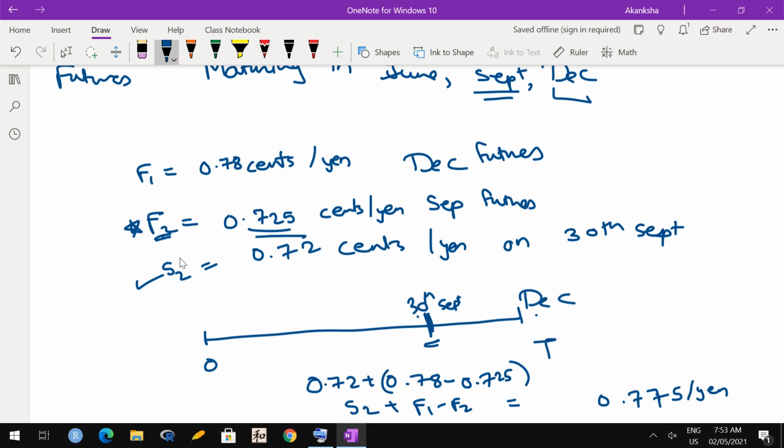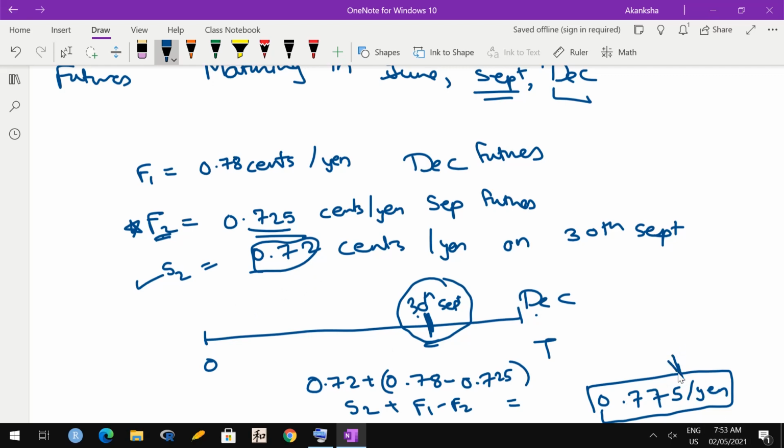Why not just ignore the futures and sell whenever you receive? If they had sold just when they received without bothering about futures, they would have to sell at 0.72 only. Whereas now, because they did hedging via futures, the effective rate that they got is 0.775 per yen, which is higher.